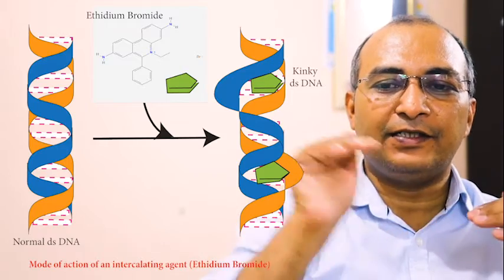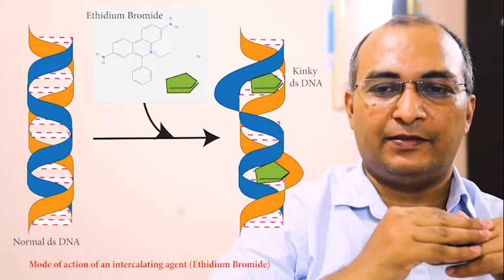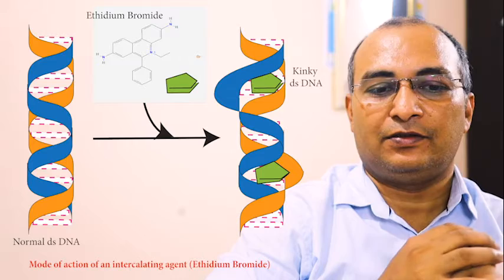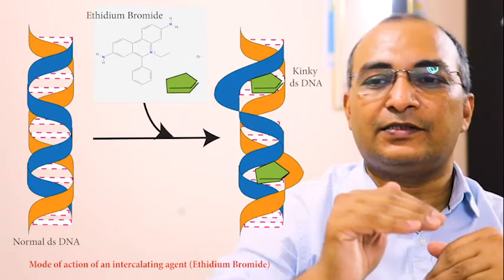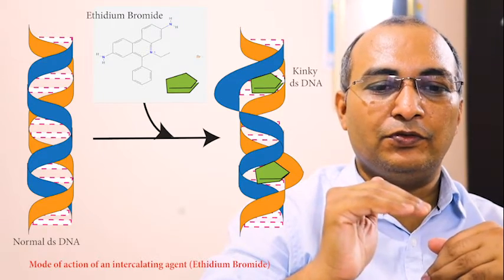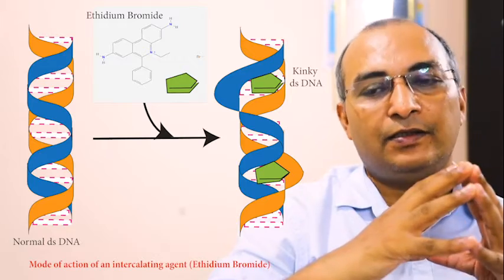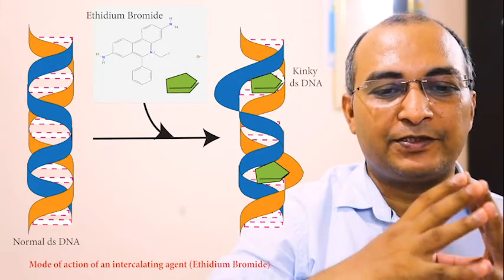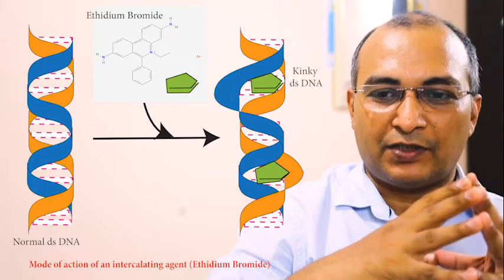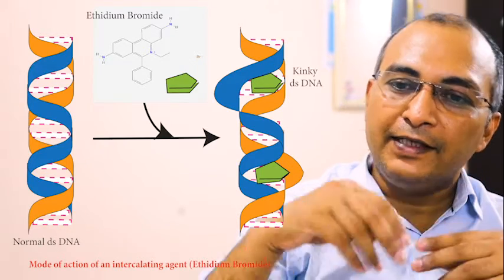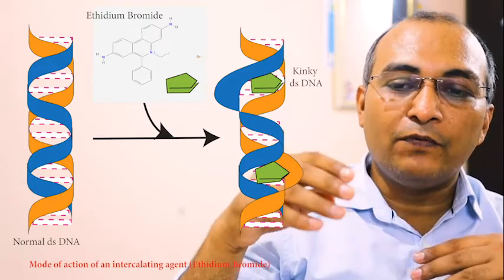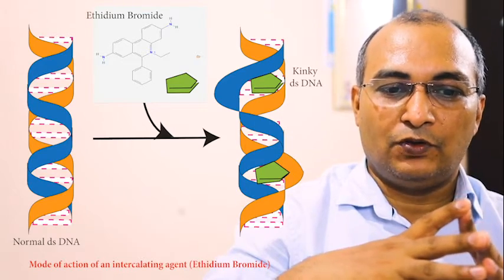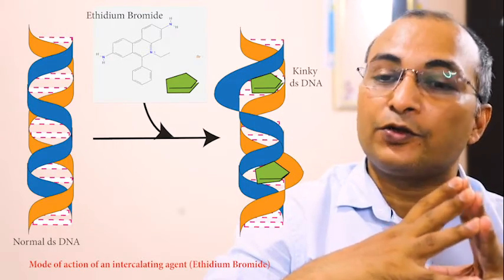They get inserted between the two nucleotides because of their flat structure, and such insertion leads to distortion in DNA, which becomes visible as a kinky structure and leads to unwinding of DNA. The unwinding effect is not good.